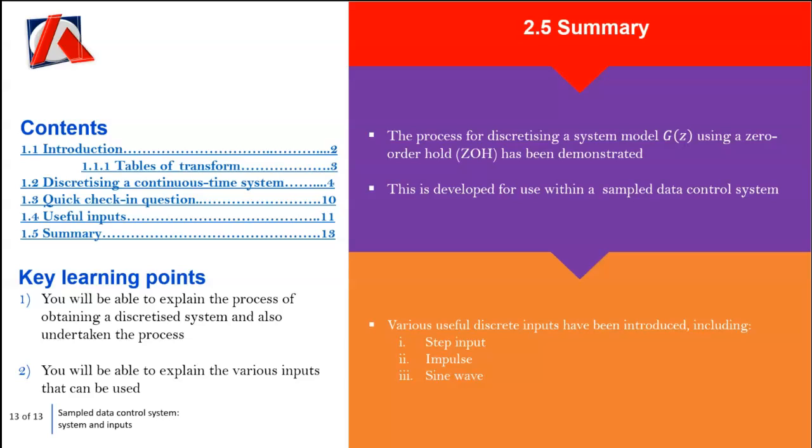I've also shown you various useful discrete inputs, such as the step input, unit step input, impulse, and sine wave. Now you know how to discretize the system, and you understand some useful inputs that we'll be using in the coming lectures.